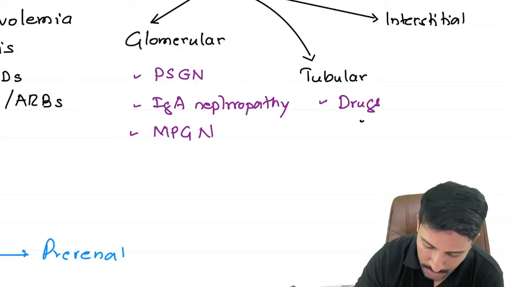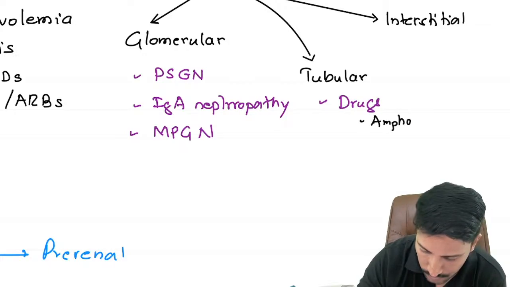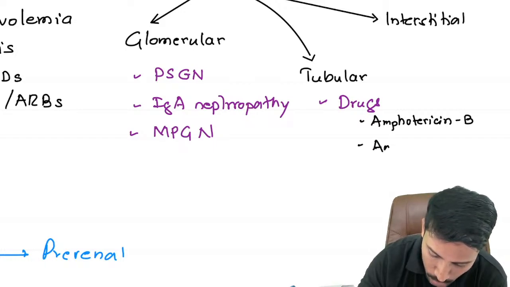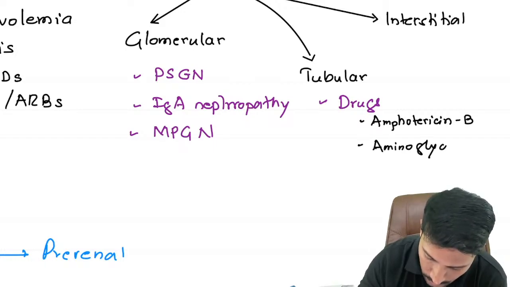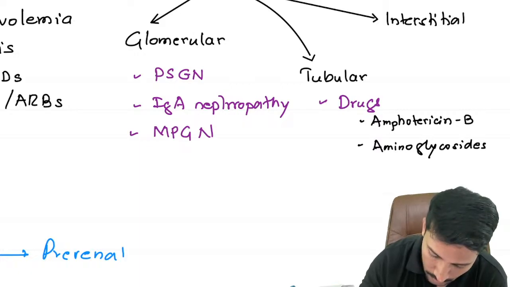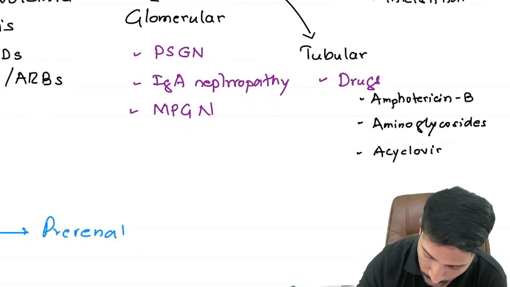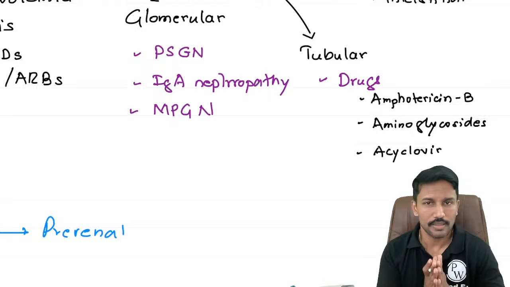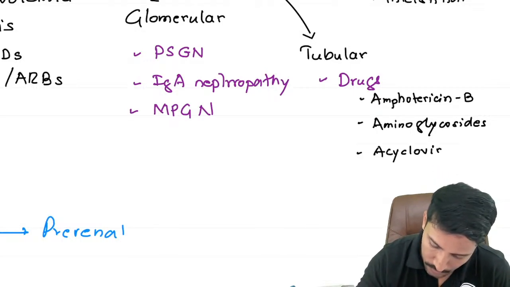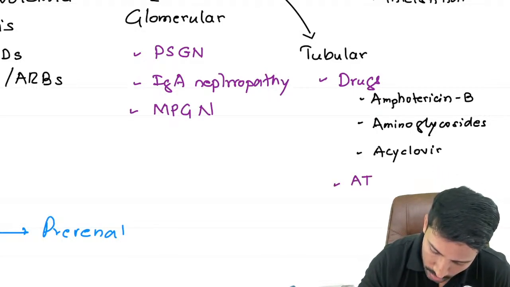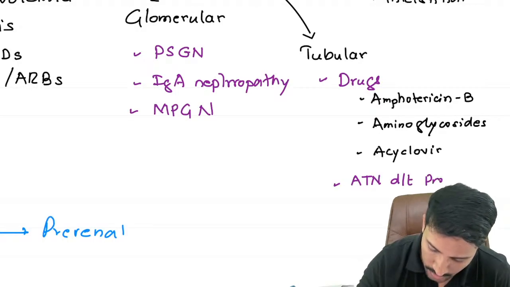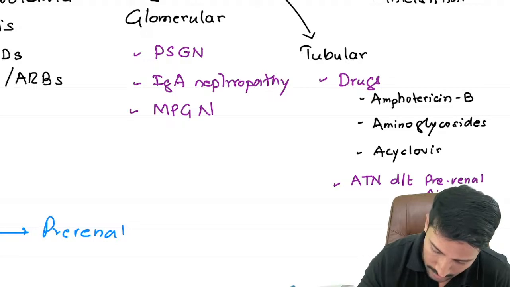The first drug that you should mention is amphotericin B. Second is aminoglycosides. Third, acyclovir. So these are a few examples of drugs which will cause tubular injury.